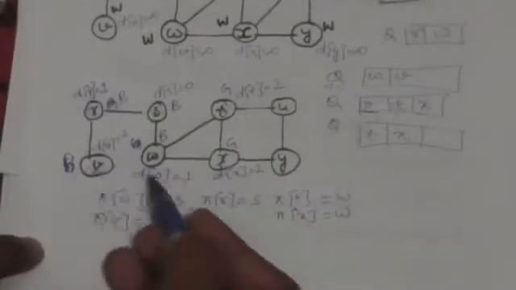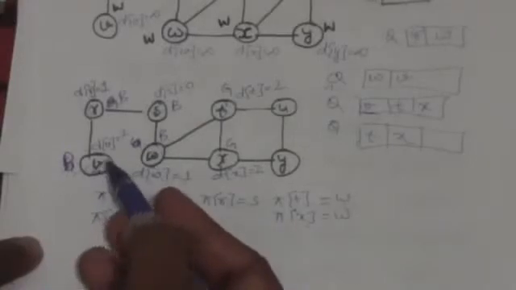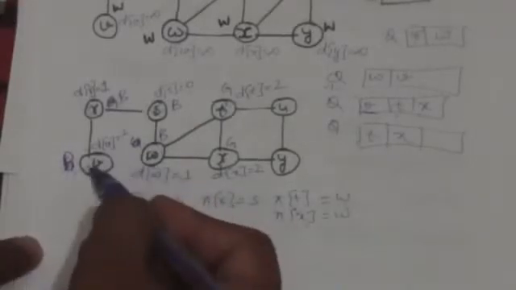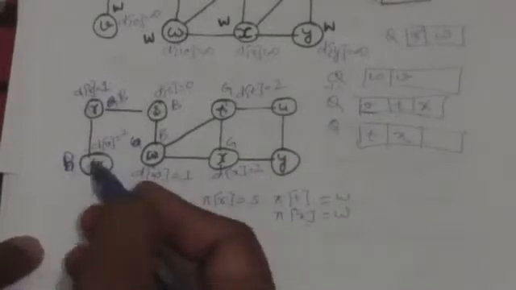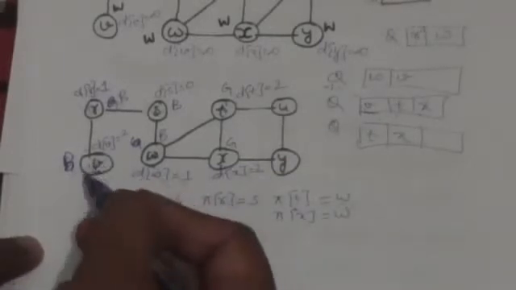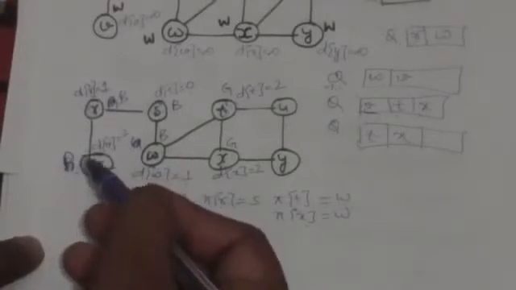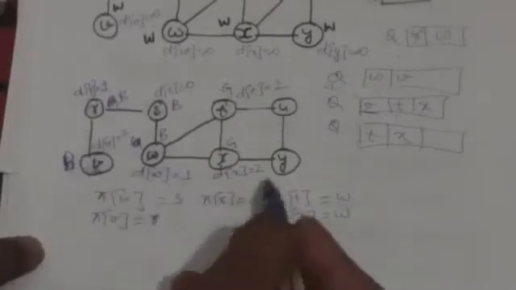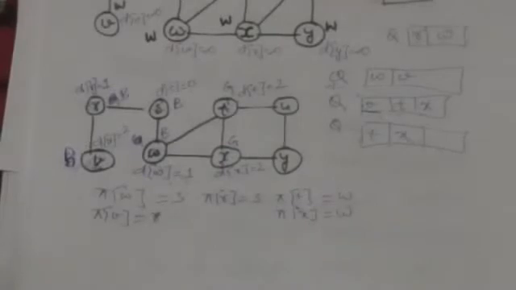We have nothing to do with white vertices adjacent to v, so we directly changed its color from gray to black, right?